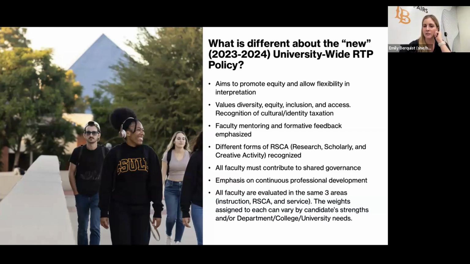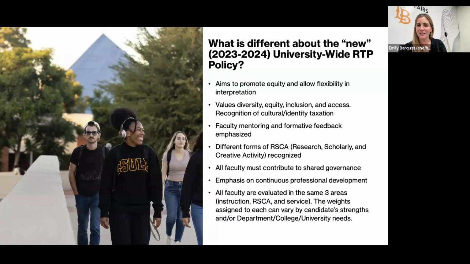All faculty were always expected to contribute to shared governance, but we want to reiterate that now, that the university is a community of faculty and of students, and that in order to be successful, we need to share in that work.